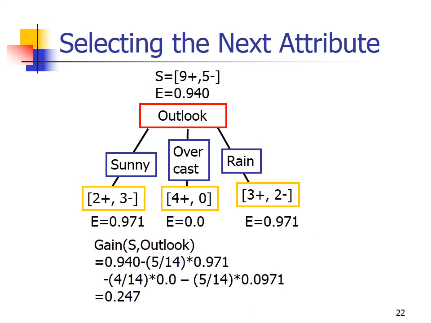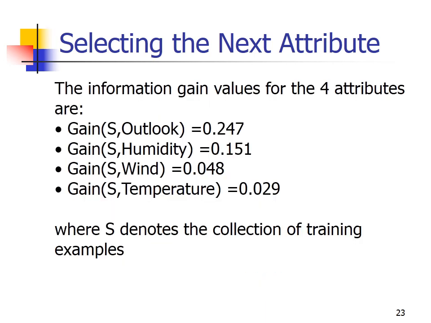Outlook has the highest information gain, so it takes the root node. Okay? I'm not showing the calculation in a separate class. I'm going to tell you the calculations. See, for Outlook it is 0.247, for humidity it is 0.151, for wind it is 0.048, and for temperature it is 0.029.